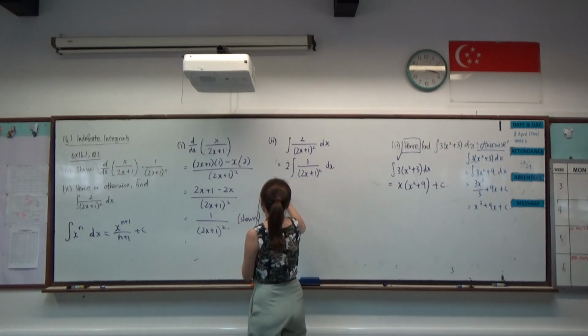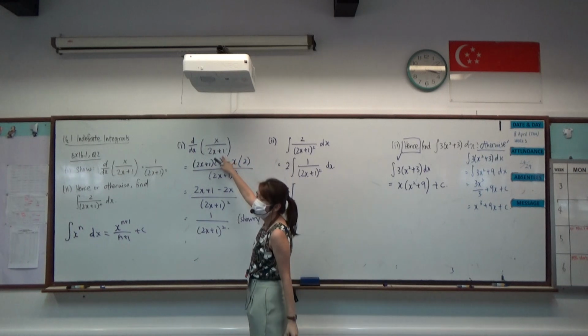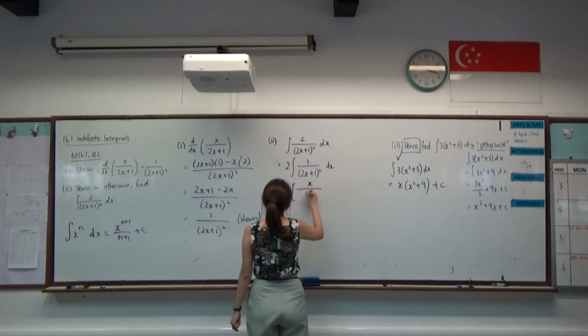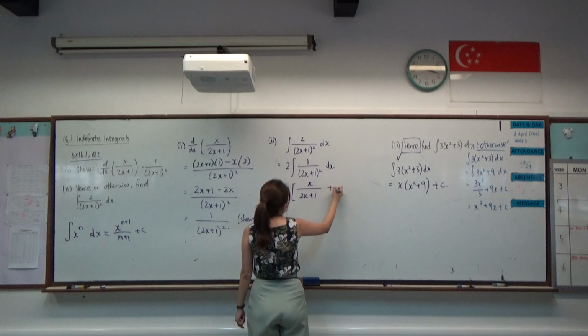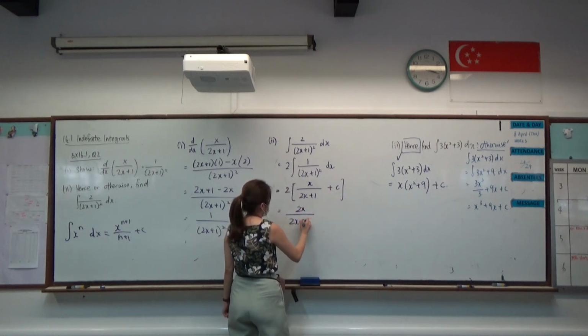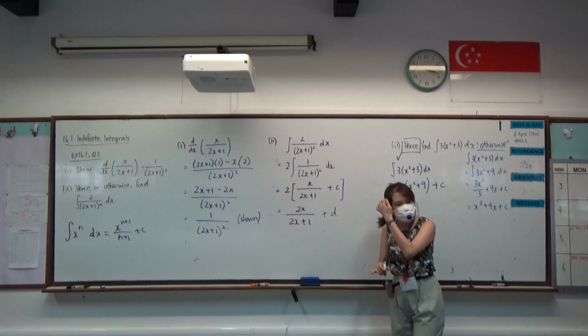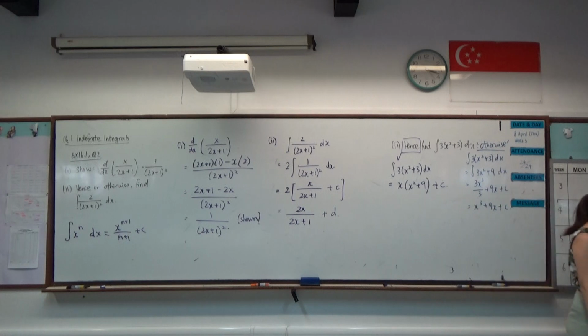Therefore I have 2 times. Integration of this leads me back to the original function, x over 2x plus 1, plus c. So we have 2x over 2x plus 1, plus 2c. You can re-express it as a d, that's fine as well.